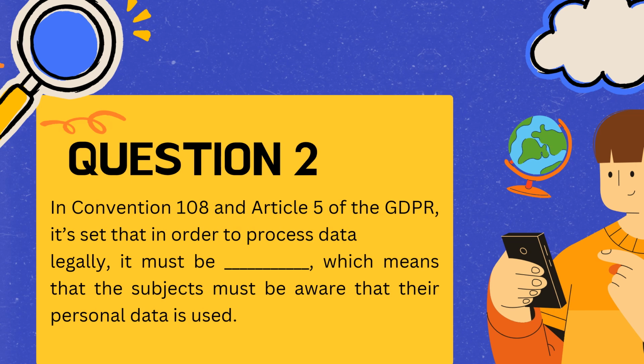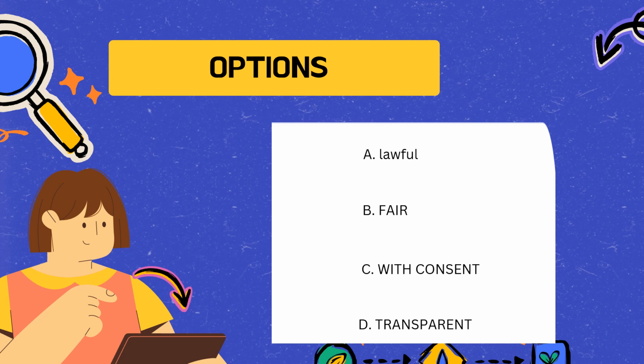In Convention 108 and Article 5 of the GDPR, it sets that in order to process data legally, it must be dash, which means that the subjects must be aware that their personal data is used. 4 options: lawful, fair, with consent, transparent.